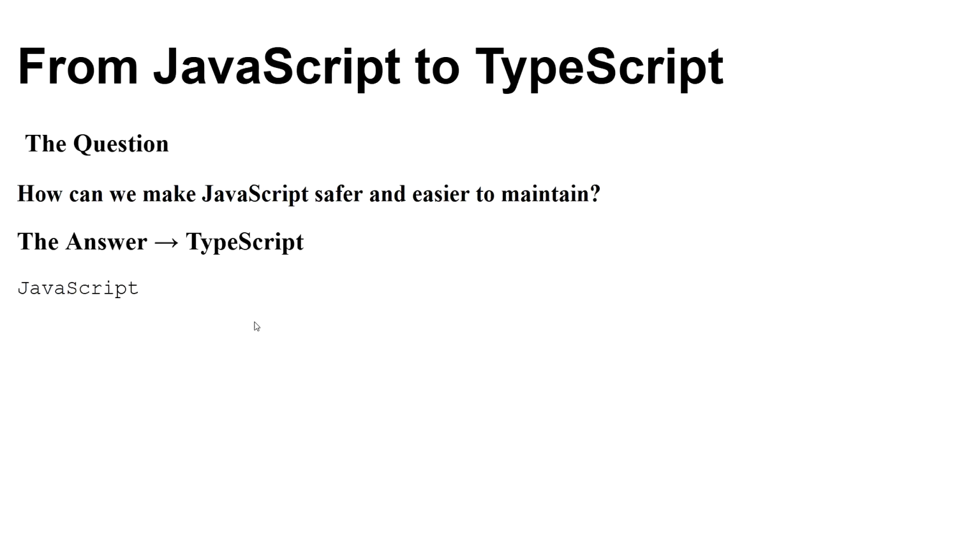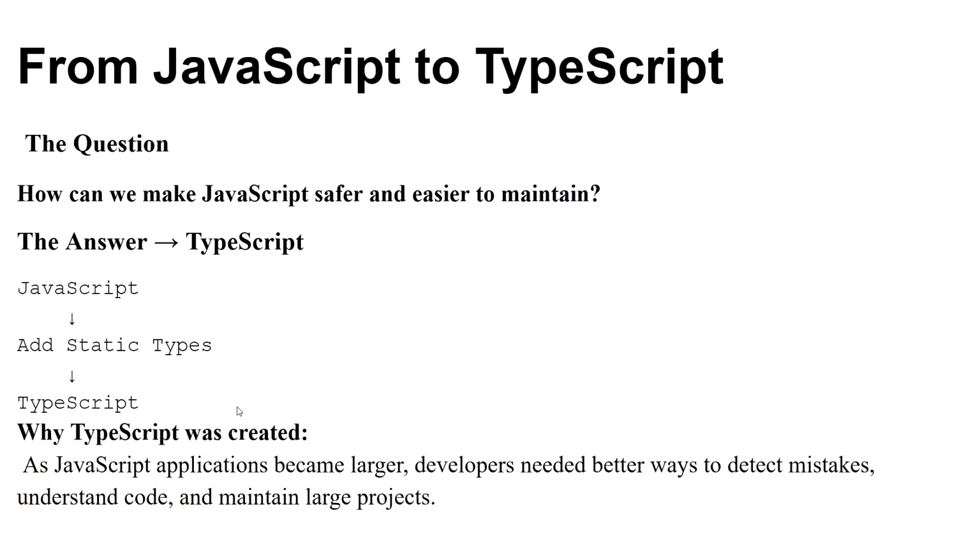So JavaScript adds static types, and then it becomes TypeScript. So why was TypeScript created? As JavaScript applications became larger, developers needed better ways to detect mistakes, understand code, and maintain large projects. So what is TypeScript?